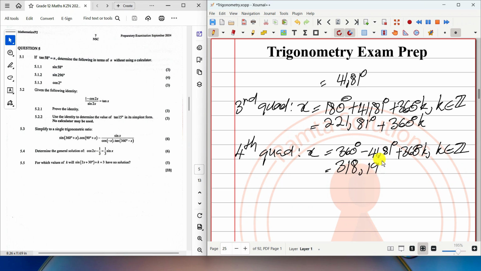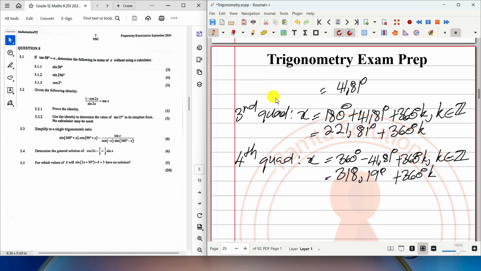Yeah, 318.19 plus 360 degrees K. This is for the first part.